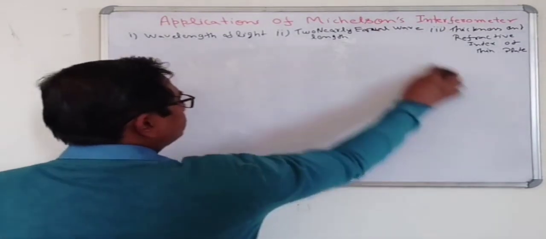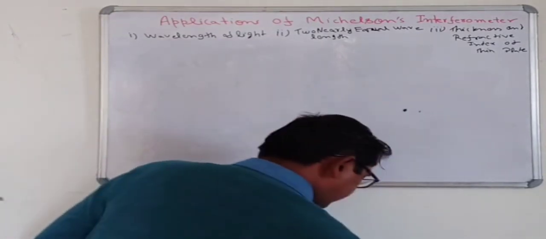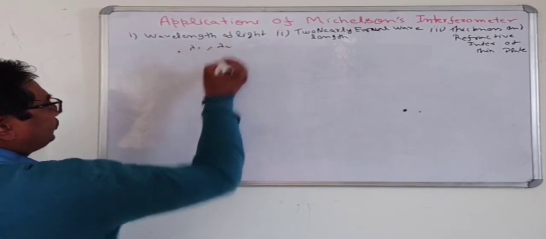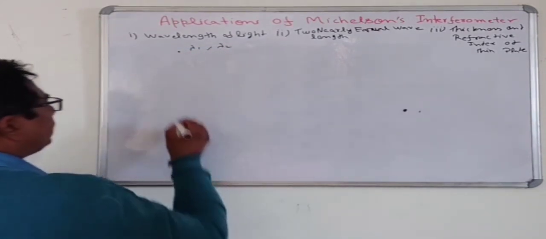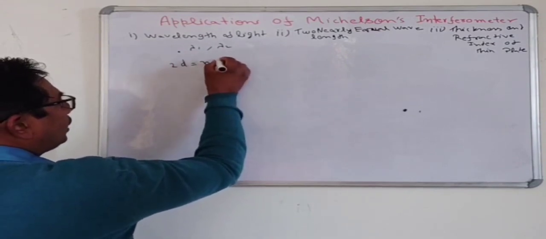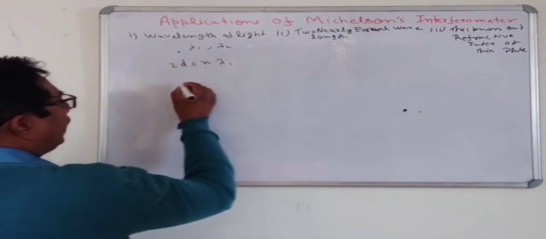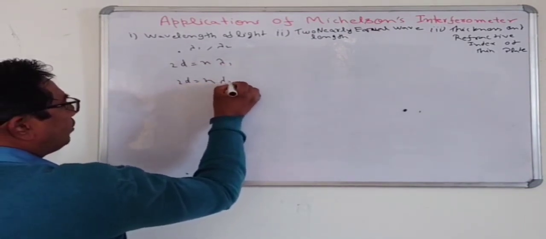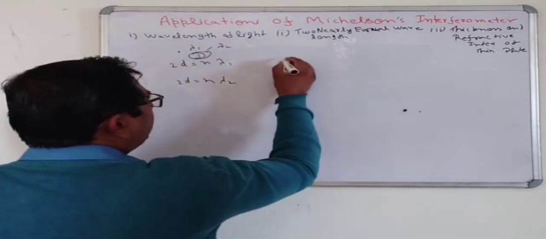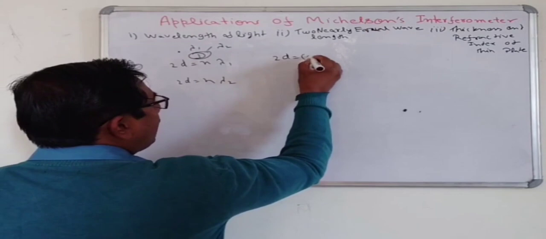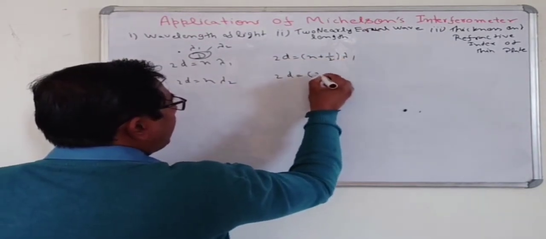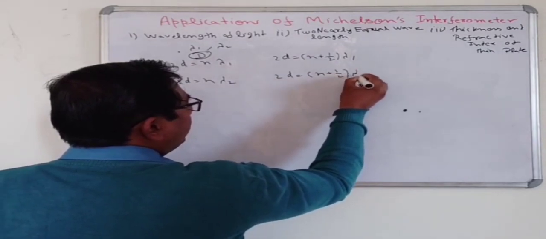Suppose that any source has two wavelengths, lambda 1 and lambda 2. All of you know the condition for dark: 2d equals n lambda 1 and 2d equals n lambda 2. This is the condition for dark. I am using the d value. The condition for bright is 2d equals (n plus half) lambda 1 and 2d equals (n plus half) lambda 2.